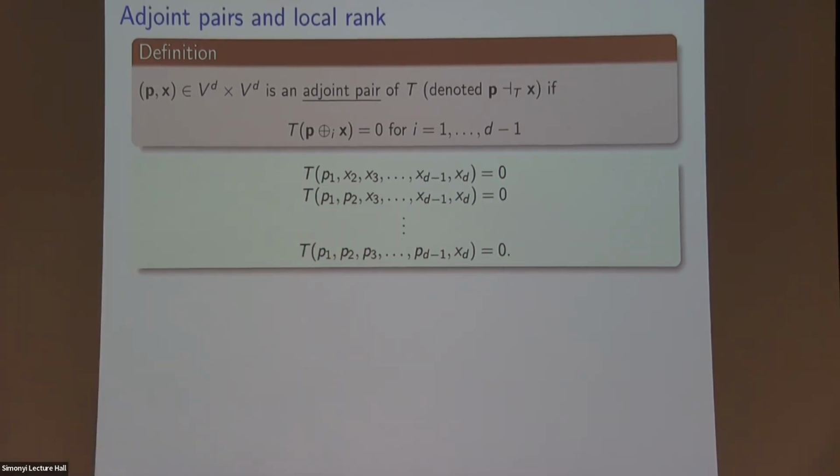And so forth. So I have d minus 1 points here, and I require that all of these d minus 1 points be in the zero set of T.